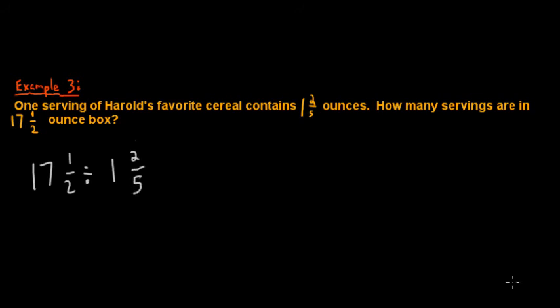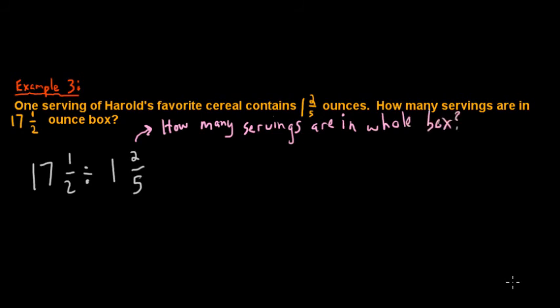Start with the whole box, 17 1/2. I'm going to divide by 1 2/5. Okay, so in your notes, just make a note. This is what we're trying to solve for, how many servings are in a whole box. Okay. So if y'all remember, the first step is to convert these to improper fractions.